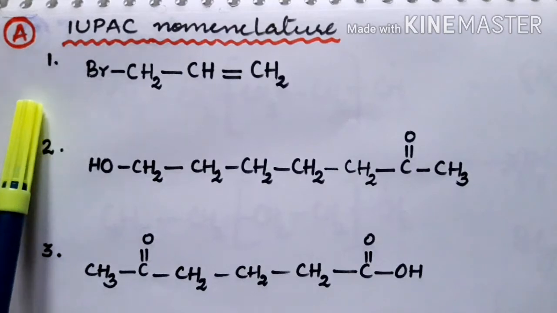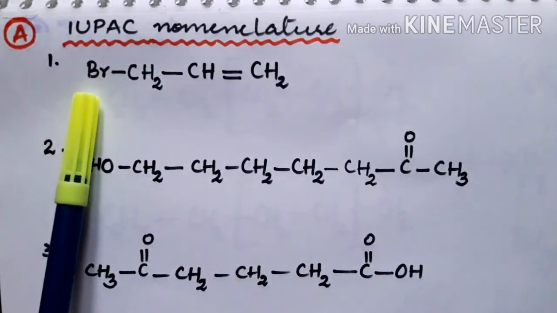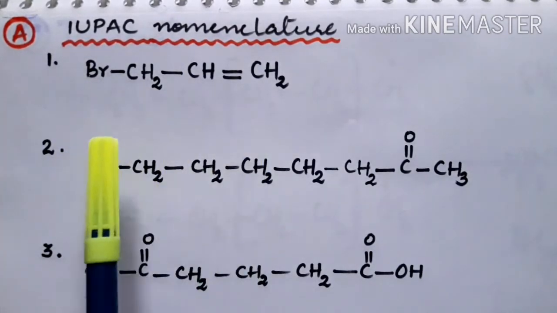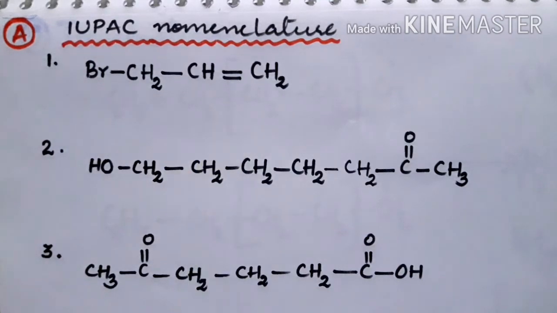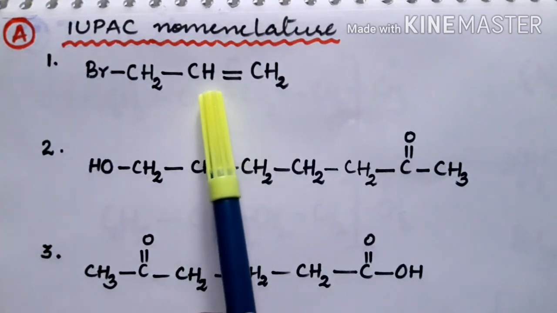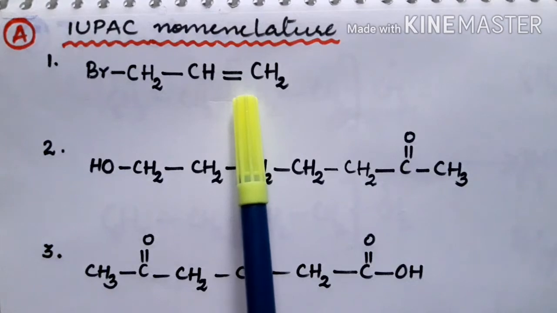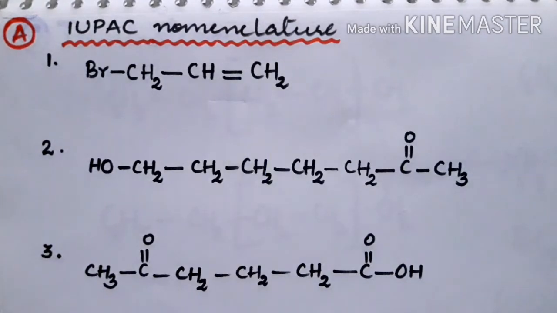First compound has Br and a double bond. Now what is the priority that you have to give? According to the priority order, we find that alkenes must be given priority. So the numbering should start from right to left.